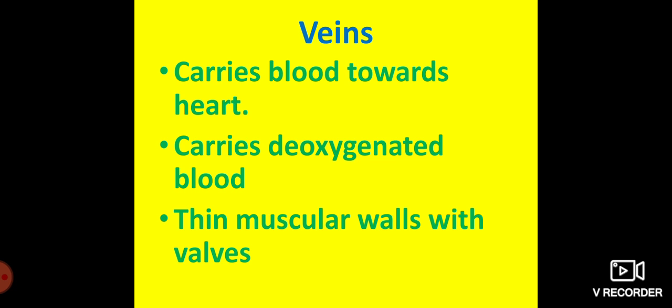Through the artery, blood flows with jerks and high pressure, whereas through the veins, blood flows smoothly under low pressure. Okay, clear?